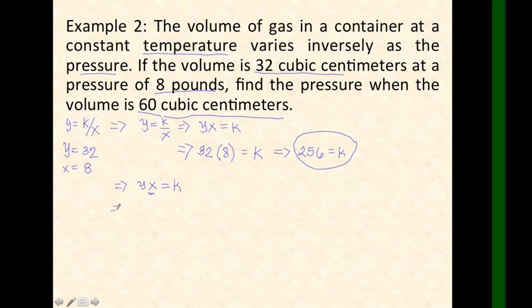So, para makuha yan, we have y. Our y is 60. Then x equals 256. Then divide both sides by 60. Di-divide lang natin sila by 60, yung parehong yan. At ang makukuha nating value ni x, which is the pressure, ang pounds natin, i-divide lang natin siya by 60.